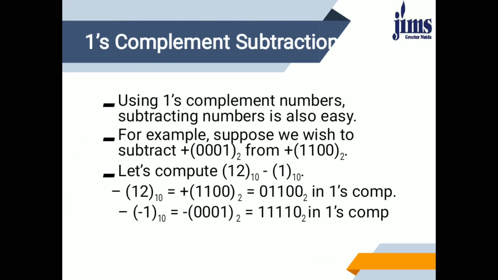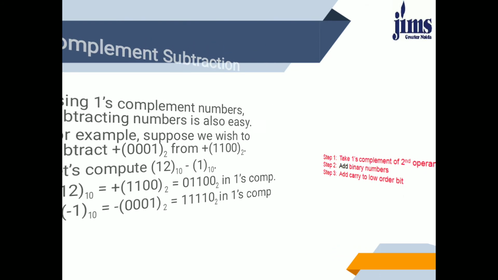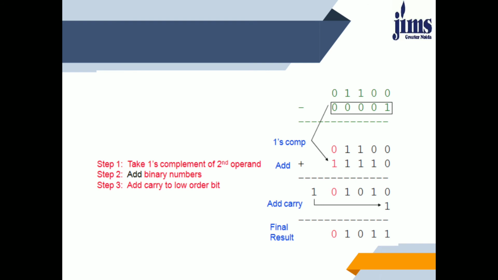Now, what will happen if we want to subtract these two numbers using ones complement? The first number will be written as it is. Suppose we want to subtract 1 from 12. The equivalent of 12 is C, which is 1100. We want to subtract 1 from 12, and the equivalent of 1 is 0001.